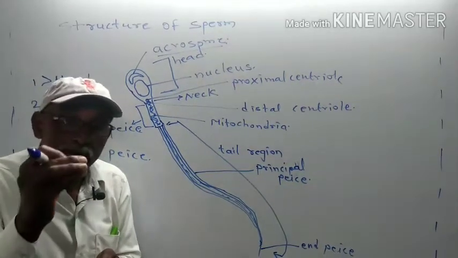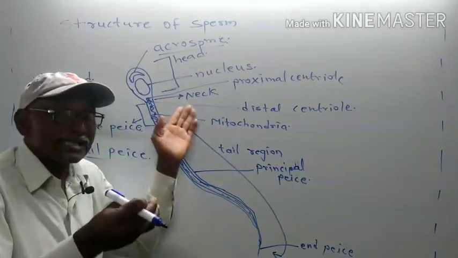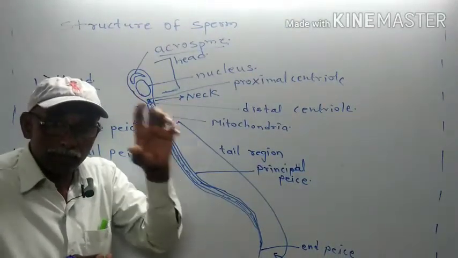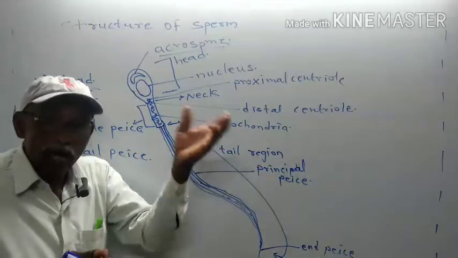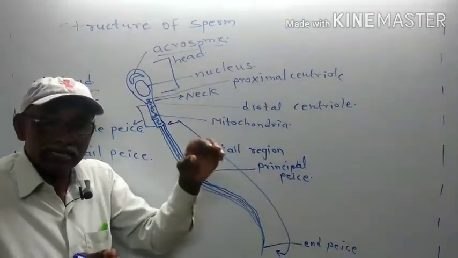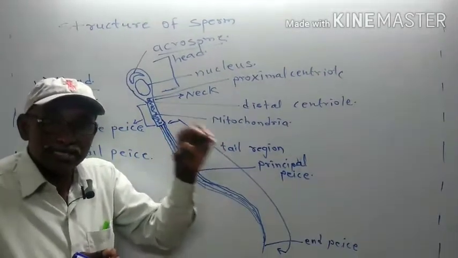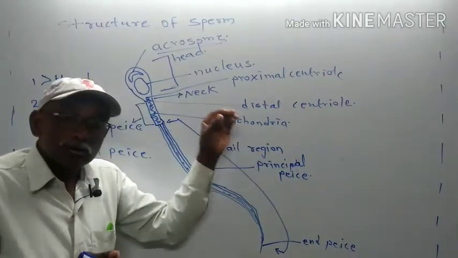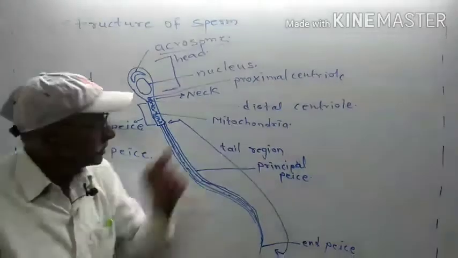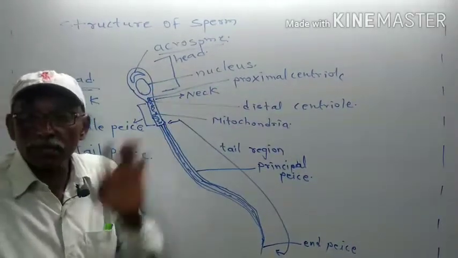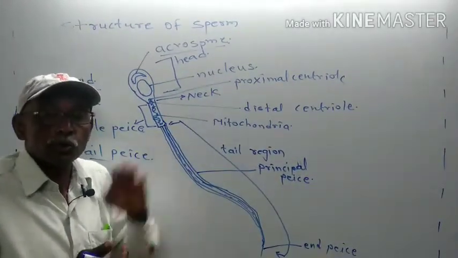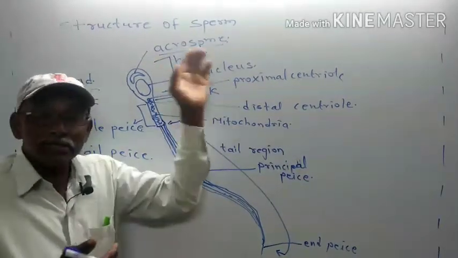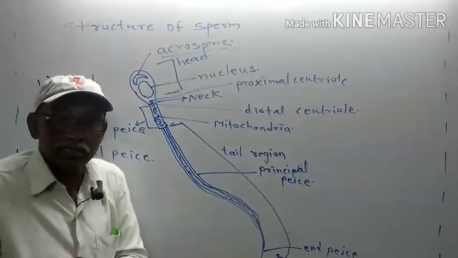The centriole is introduced by the sperm into the ovum, that is, into the zygote, the diploid cell formed after fertilization. This proximal centriole also produces the spindle and has a role in the first division.